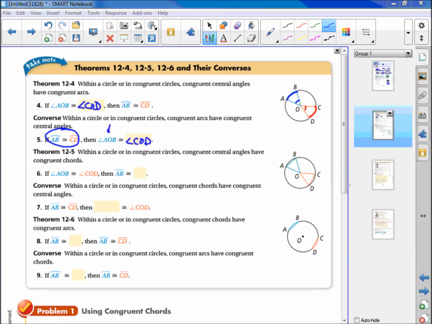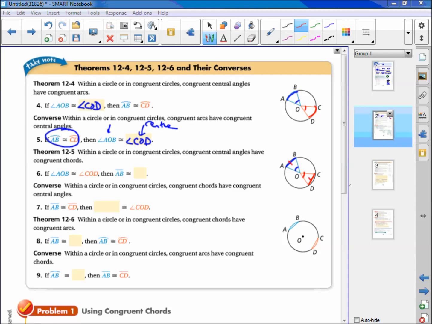Now remember, a central angle always needs to have the center of the circle as the middle point in your angle. All right, theorem 12-5, within a circle or in congruent circles, congruent central angles have congruent chords. So same thing as before. We have this central angle here and this central angle here, and they're congruent to each other. And then we have their related chords, not related arcs this time, and the length of their related chords should also be congruent to each other.